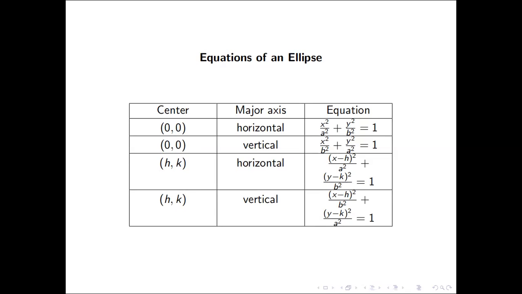Its major axis would again be horizontal if the greater value a squared is under the variable x, and vertical if the greater value a squared is under the variable y. So let's just see this with an example.